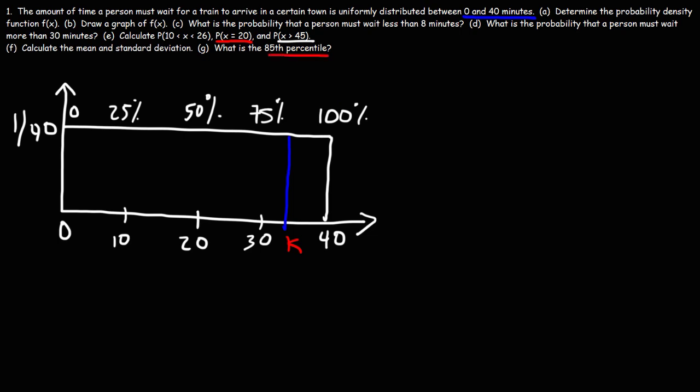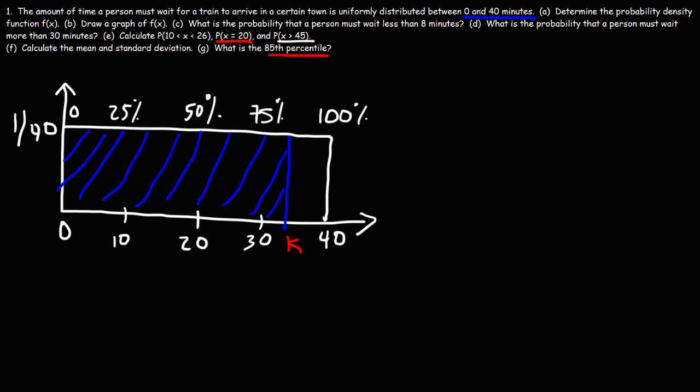How can we find k in this problem? First, you need to understand that the 85th percentile corresponds to the area to the left. I said that wrong. To the left, rather, of the k line.